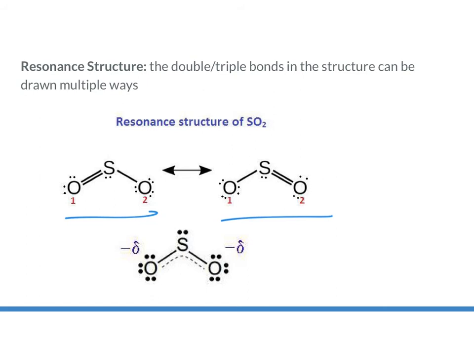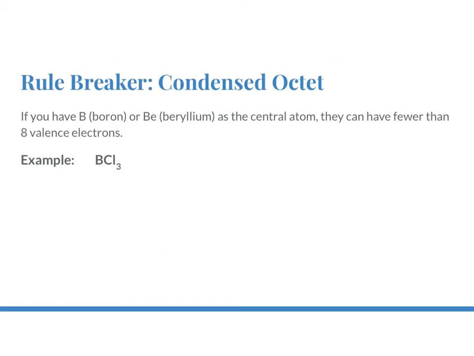So that dotted line is representing that I could have put my double bond with this oxygen, or I could have put that double bond with the other oxygen, and just also keeping in mind that if I do create a double bond, I am going to have to get rid of the respective lone pair from the oxygen.